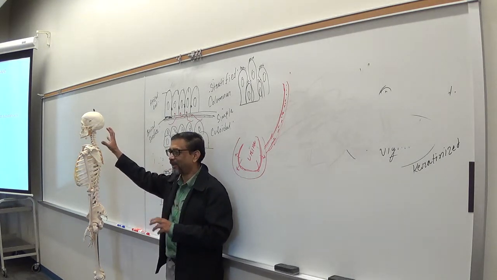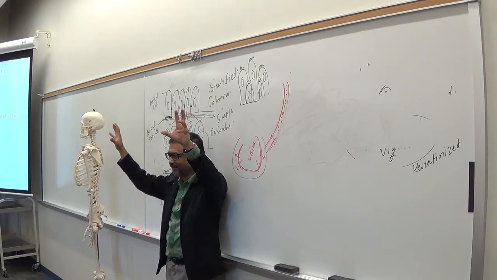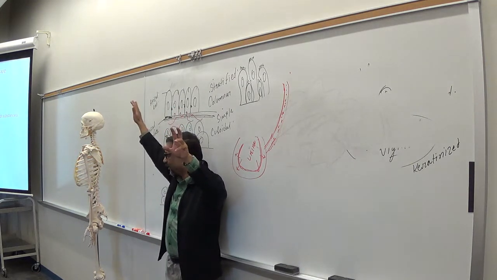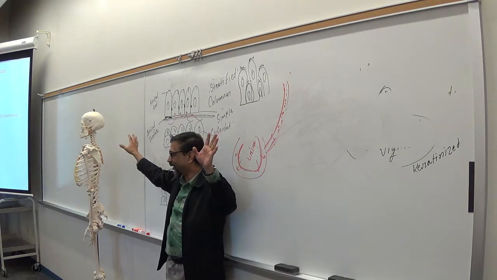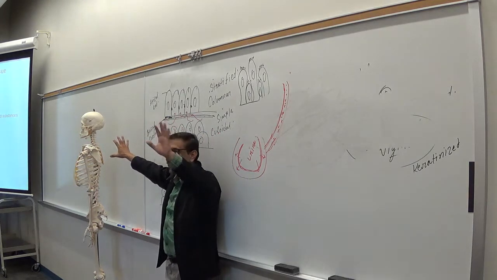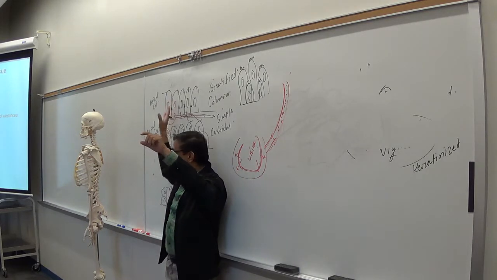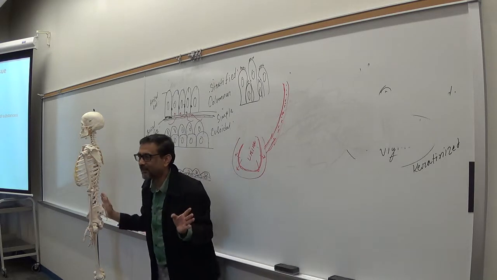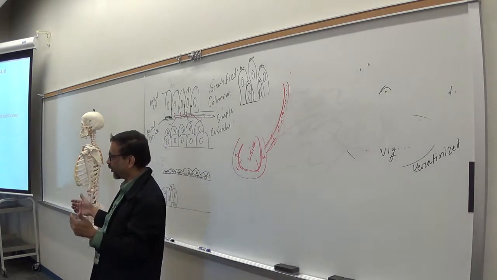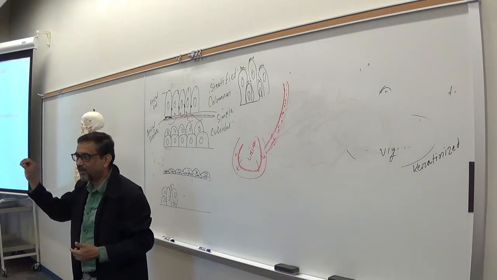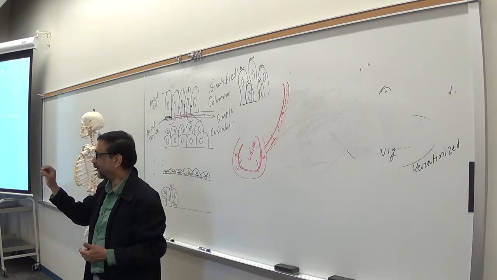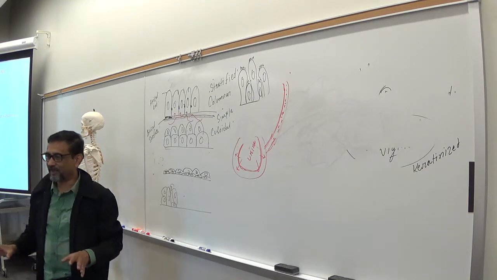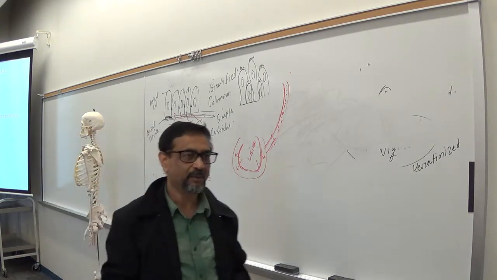By location, we divide into two: lining and surface, and glandular. And by looking at the shape and number of layers, simple or stratified. Then I talked about how they look under the microscope, and a couple of locations where you will find each type. So basically, those are the things we talked about.